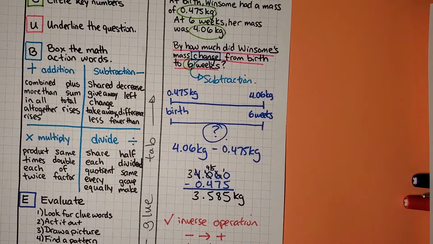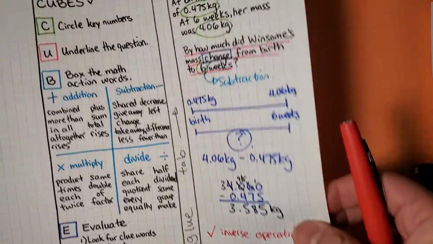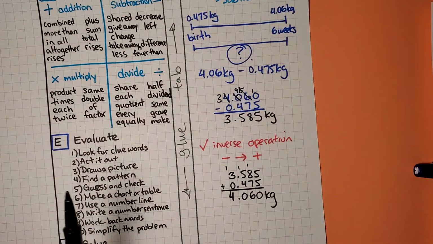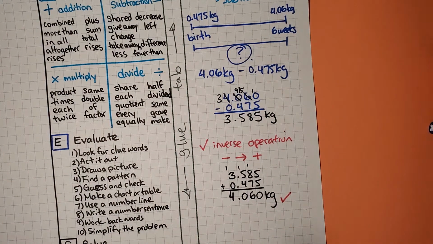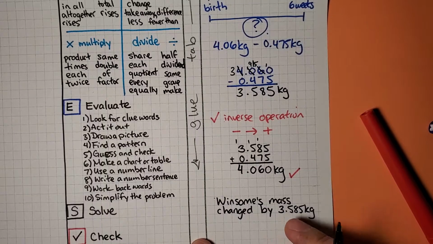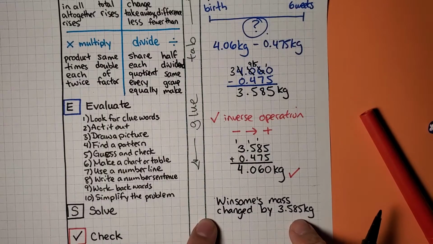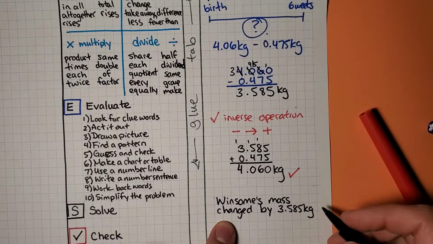Bam, bam, bam. That means we have solved this correctly. And the answer is the change. To answer the question, Winsome's mass changed by 3.85 kilograms.